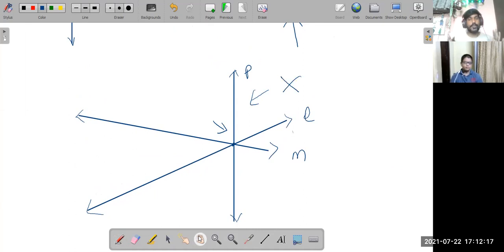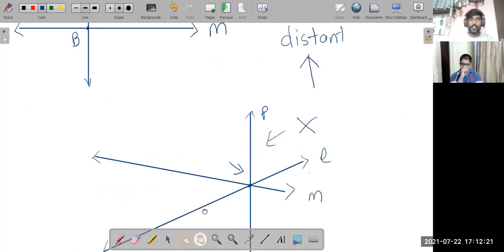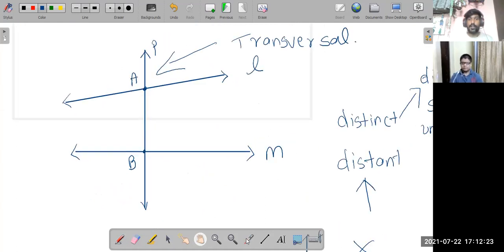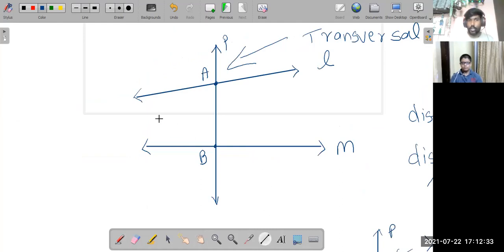So you should try to identify the difference between transversal and not transversal. For it to be a transversal, it compulsorily has to intersect the two lines at two distinct points. If you see here, lines L and M are not parallel.